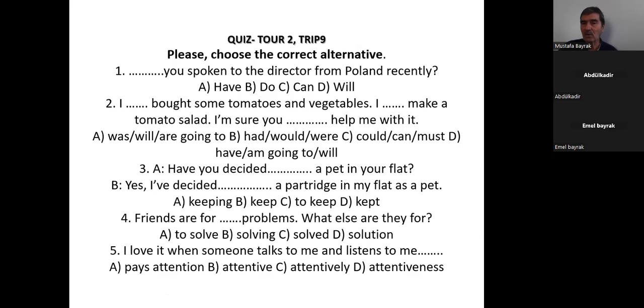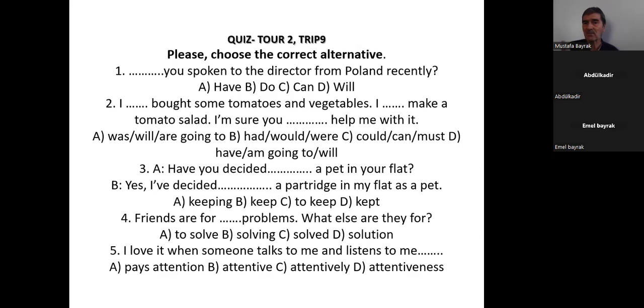What else are they for? They are also for helping each other, supporting each other. Okay. 5, I love it. I love it when someone talks to me and listens to me blank. So we need an adverb.